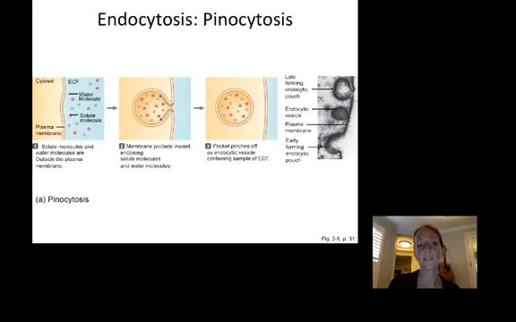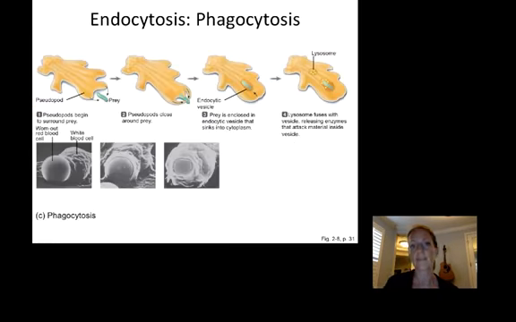So here's pinocytosis, which is the example I put on the previous slide, where you're taking in extracellular fluid, which includes water and other solutes. We also call this cell drinking. So this is pinocytosis, or cell drinking. Phagocytosis is cell eating. This is when you have a large, say, bacteria or other particle that the cell is going to surround and bring into the cell.